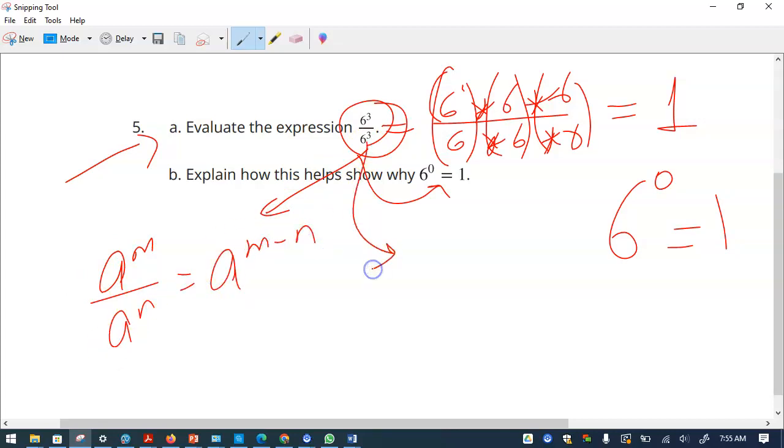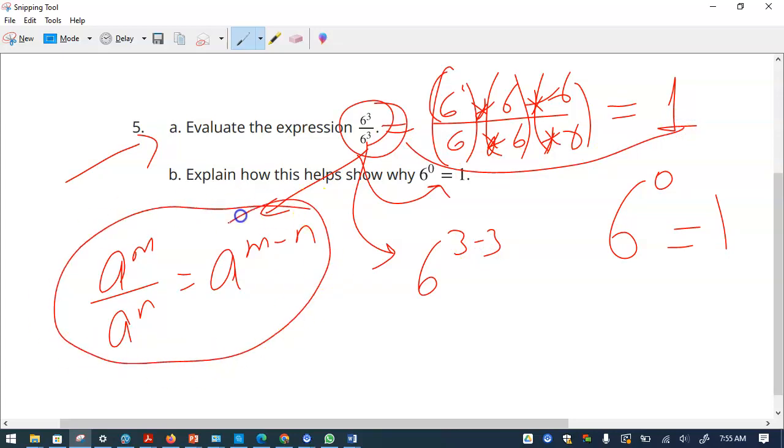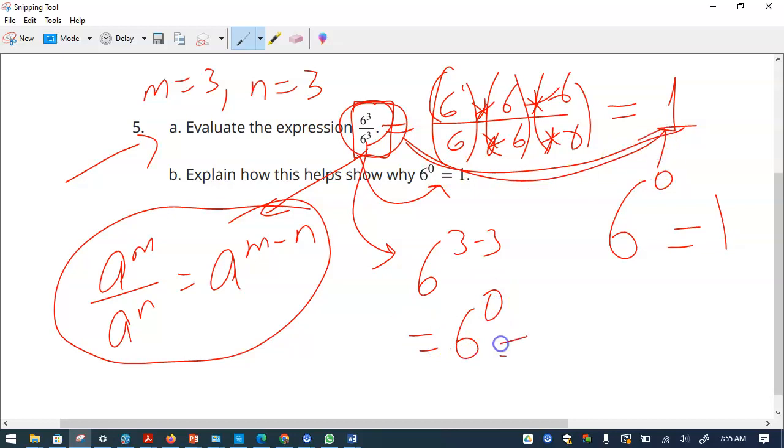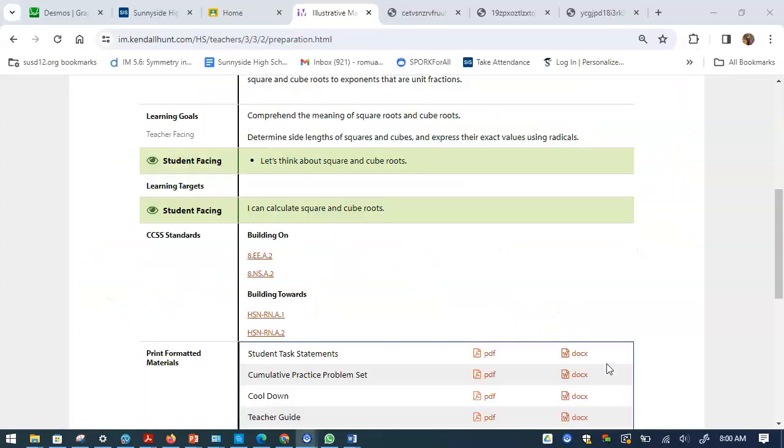So we can write this as 6 raised to 3 minus 3, and we know this answer is 1, applying this formula to this expression where m is 3 and n also is 3. So that's why we can write 3 minus 3, and 3 minus 3 is 0. But this answer is 1, so we say, okay, this also is 1, and we are done.